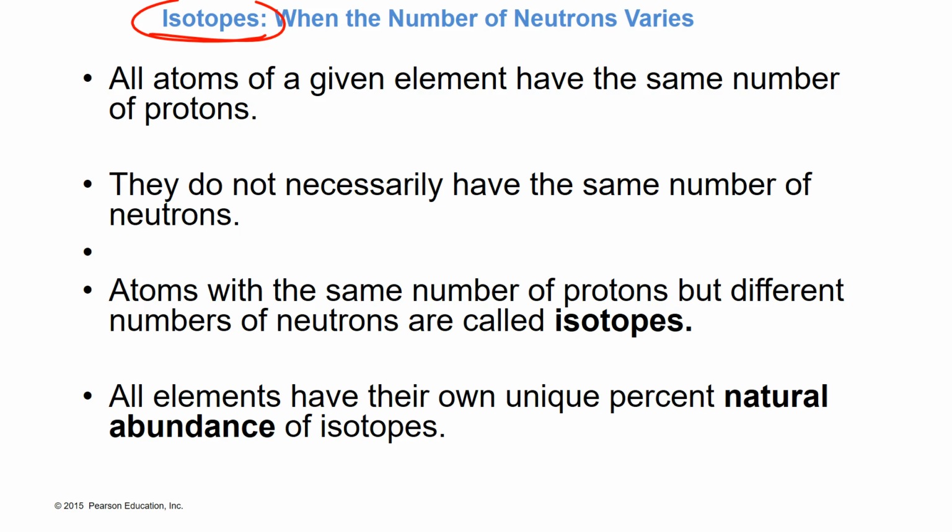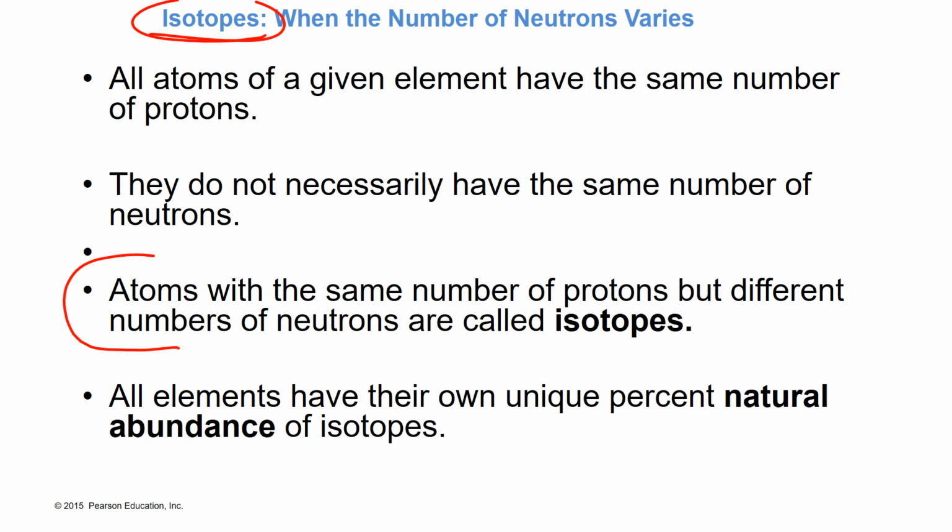For an isotope, I have to tell you what the mass of that isotope is. So the definition of isotope is right here. An isotope is an atom with the same number of protons, but the number of neutrons are different. We have varied the number of neutrons.